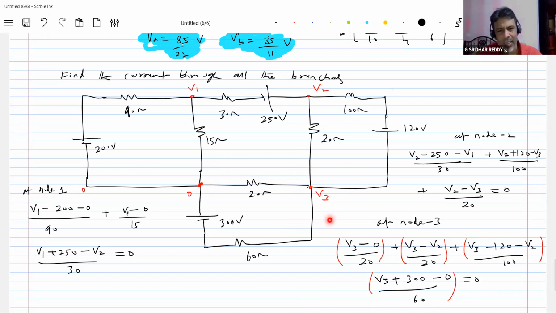But here also there is no way out. 3 nodes are there, so 3 equations we have to write. You can't say you'll assume only V1 and write the equation, because the current in this branch will be different, no? So we can't write.